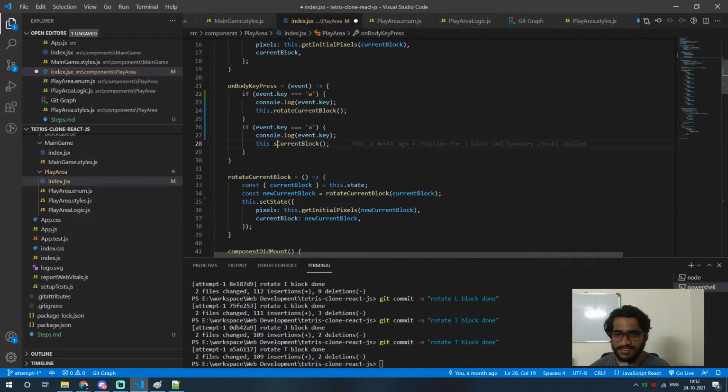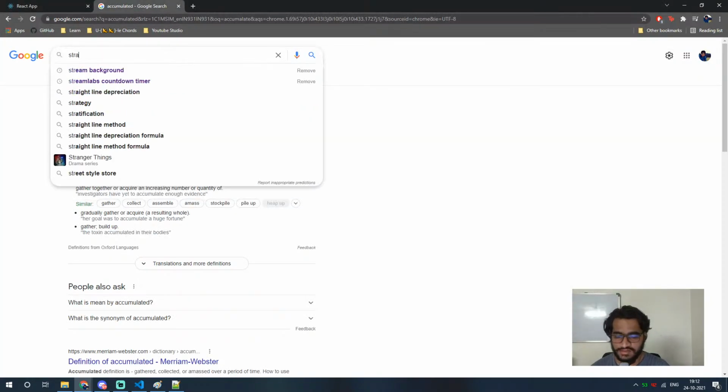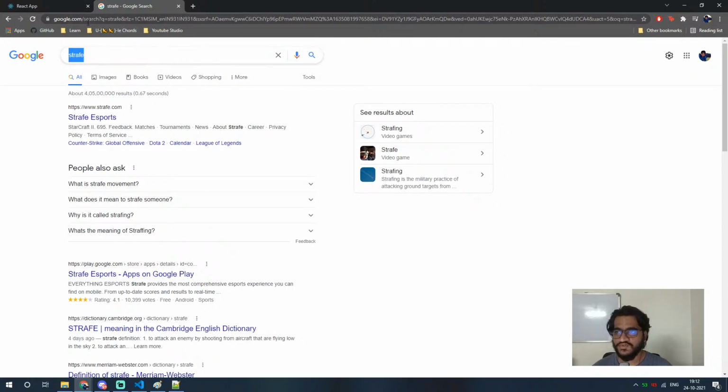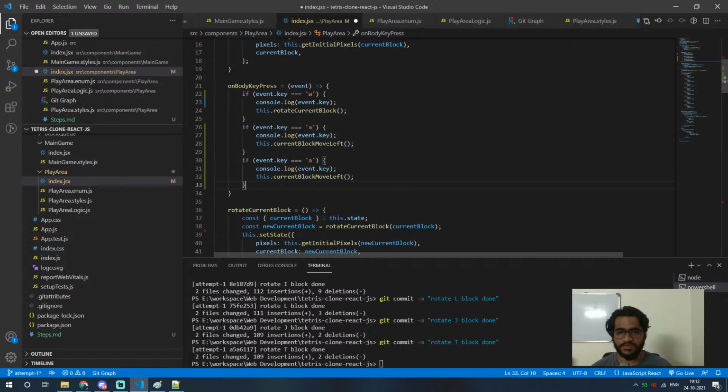Sorry for that. Strafing is in FPS, so: move left. Same goes for D, which would be move right.